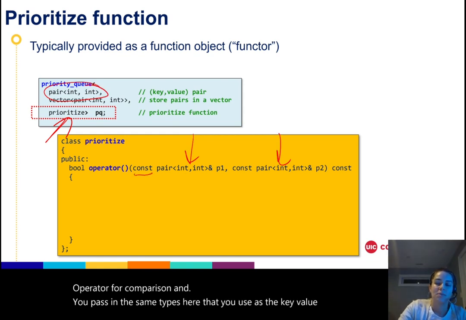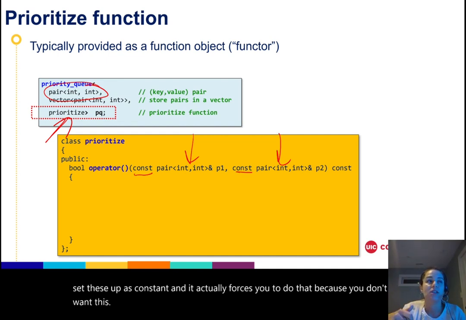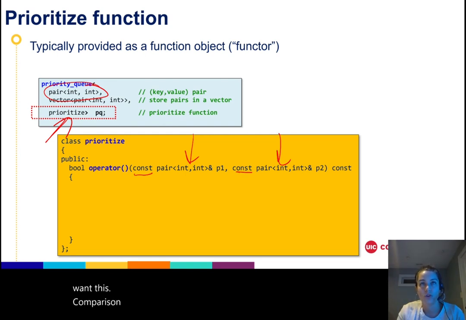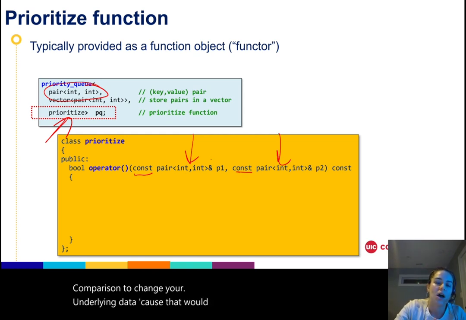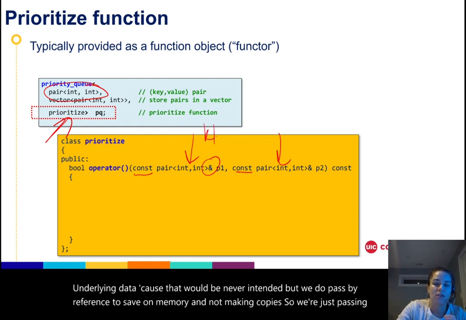You always set these up as constant, and it actually forces you to do that because you don't want this comparison to change your underlying data, because that would never be intended. But we do pass by reference to save on memory and not make copies. So we're just passing in two key value pairs.